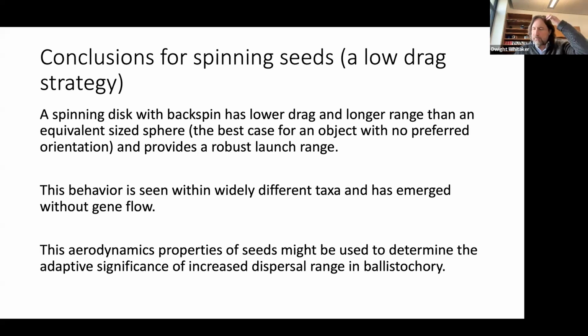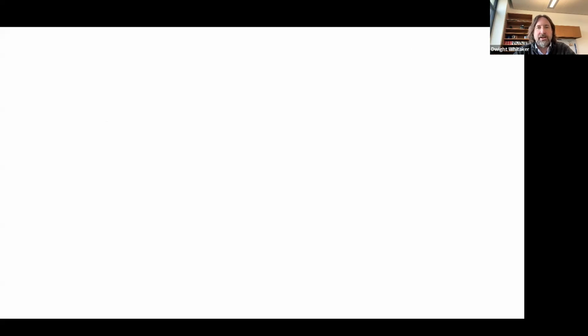Yet there must be some advantage, because it's evolved so much over so many different taxa to launch your seeds ballistically, and then, once you've launched them ballistically, to optimize the aerodynamics. But no one has really had a firm answer of why ballistic dispersal might be better than air-aided dispersal, or anemochory. All right.